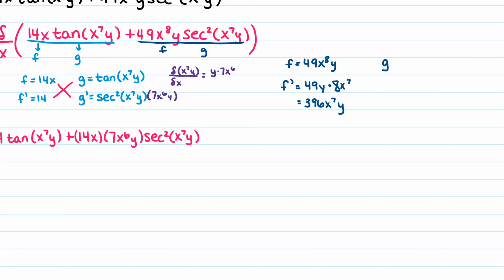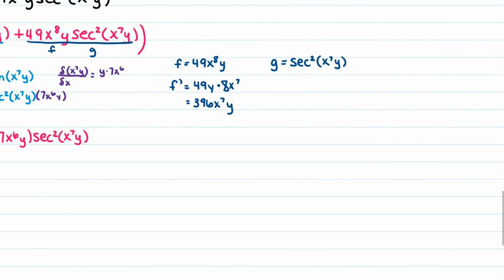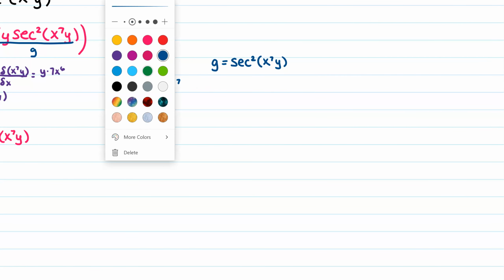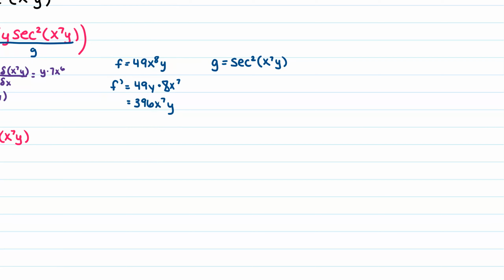And then my g function is secant squared of x to the 7th y. So now again, this is a power rule. Okay, this is my u equal to secant of x to the 7th y.